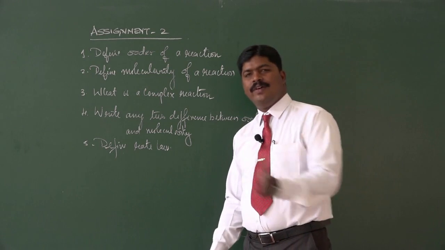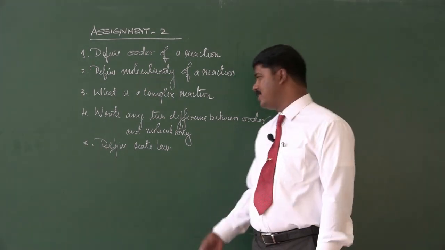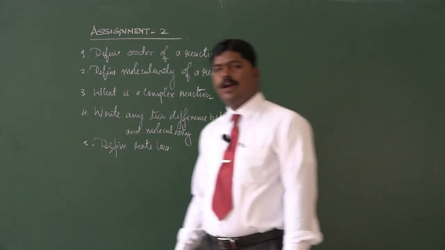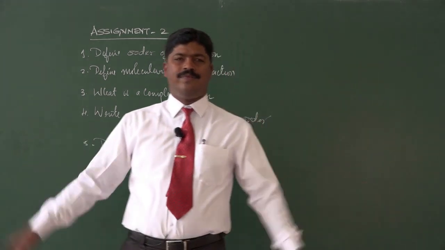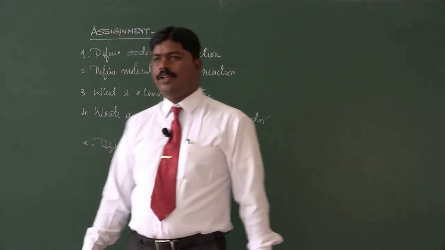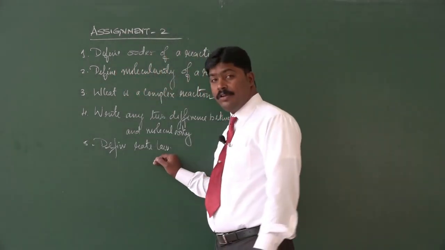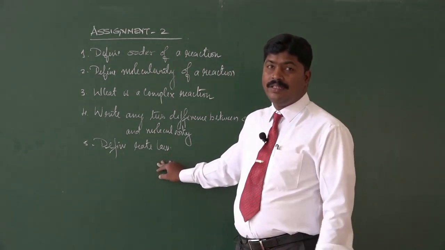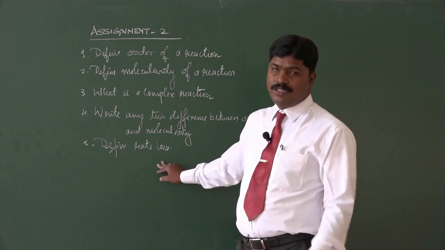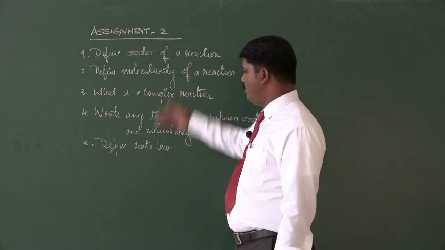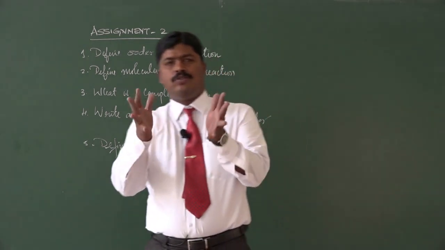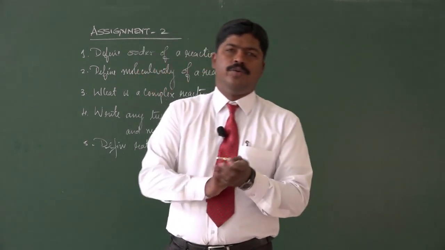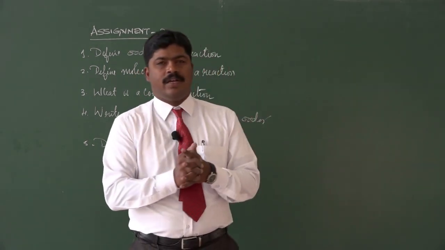I told you a sequence of elementary reactions is called a complex reaction. Write any 2 differences between order and molecularity. I have given 4 differences. Define rate law, very important, which we discussed earlier, and then we discussed how to get the rate expression. So, these 5 questions will summarize what I have taught you in session 2 of chemical kinetics.